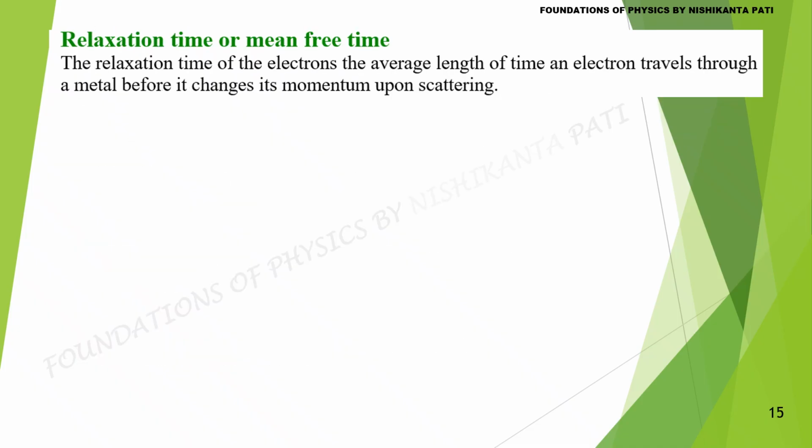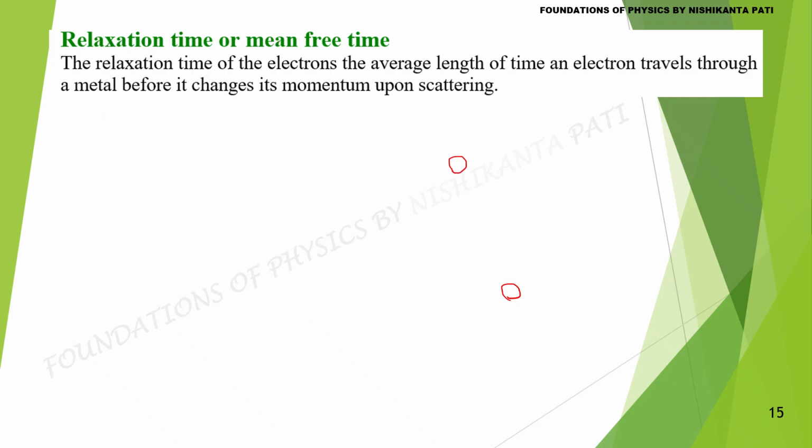The relaxation time of electrons is the average length of time an electron travels through a metal before it changes its momentum upon scattering. What is the meaning of this? This is a positive ion. This is another positive ion.